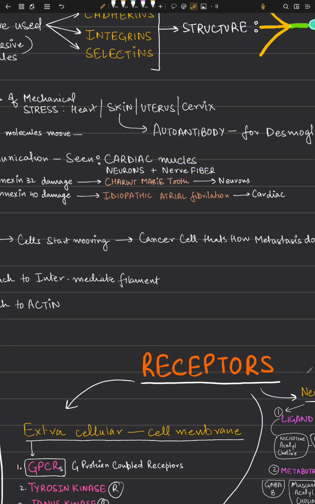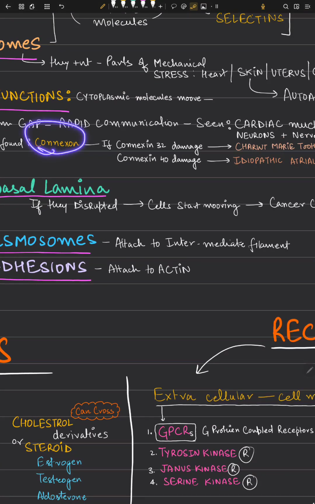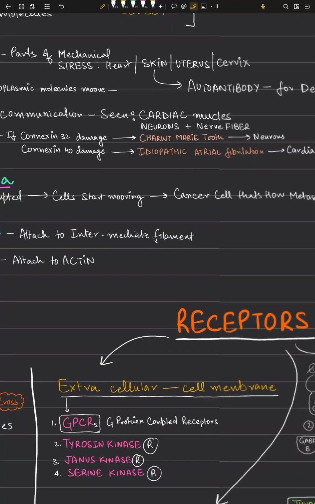Okay, what else? So the protein found in gap junction is connexon. Okay, if connexon is damaged, so what kind of connexon can be damaged? Connexon number 32, connexon number 40 can be damaged, and if 32 is damaged, it's called Charcot-Marie-Tooth.